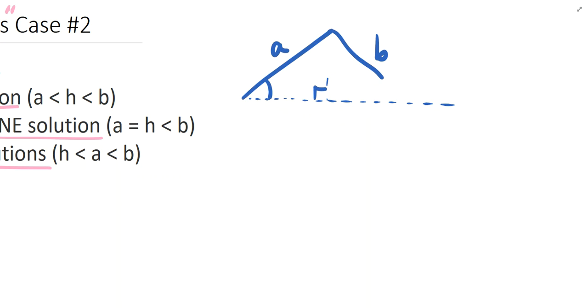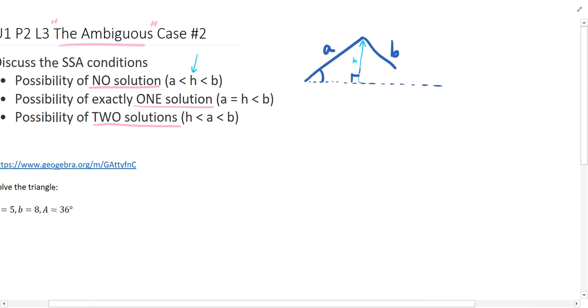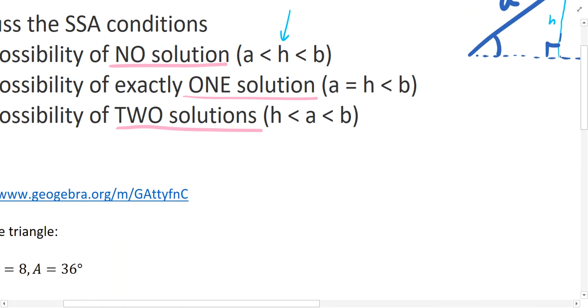If I were to measure the height from that base to the peak here, if that height is greater than side length A and less than side length B, which isn't quite appropriate for this diagram, but hopefully you can understand that here, if side length H is in between the lengths of A and B, then the triangle cannot be completed, and there is no such diagram that fits the provided information.